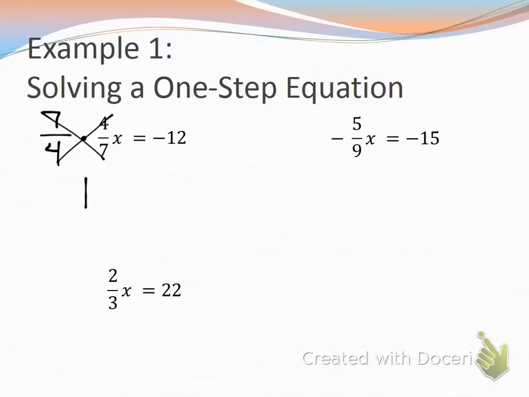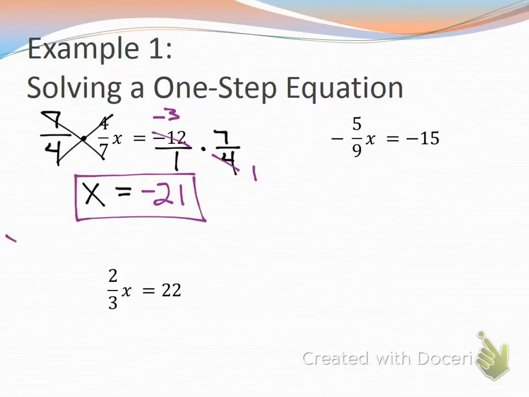No. Just write x equals. But wait, whatever I do to one side, I have to do the same thing to the other side. Multiply this side by 7/4. Can I cross-reduce anything? Yes. Is it 12 and 4? -12. So when I cross-reduce, I've got to keep the negative. What's -3 times 7? -21. x equals -21.